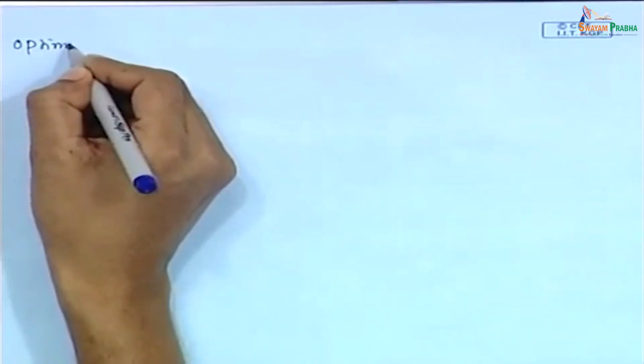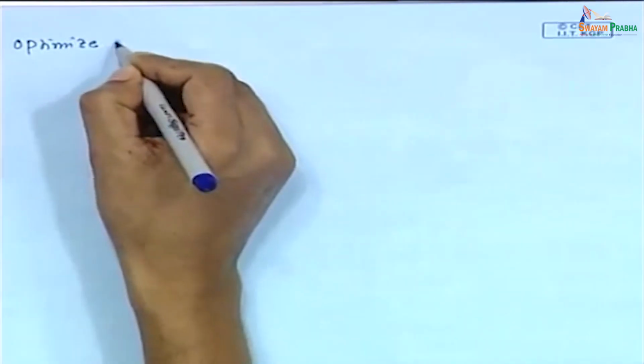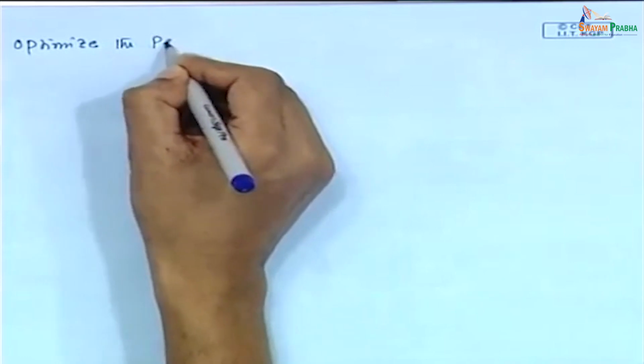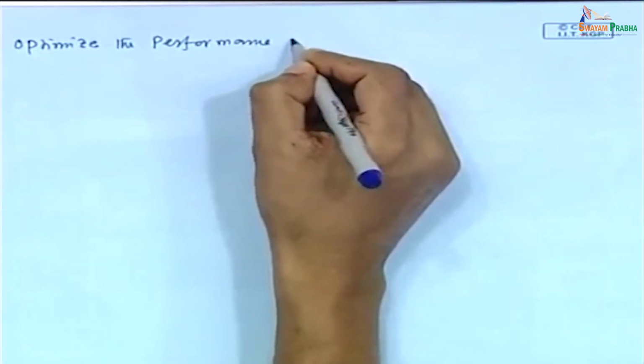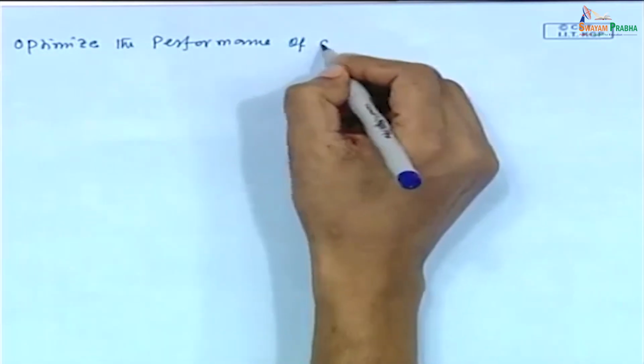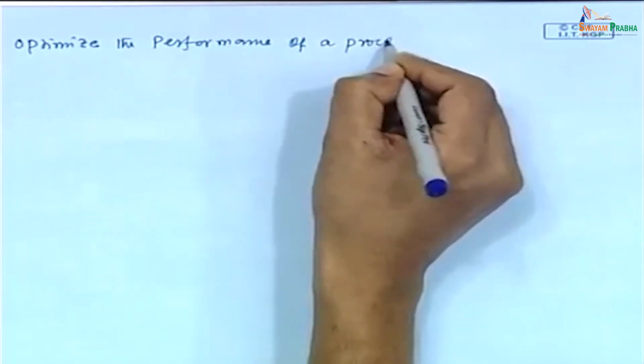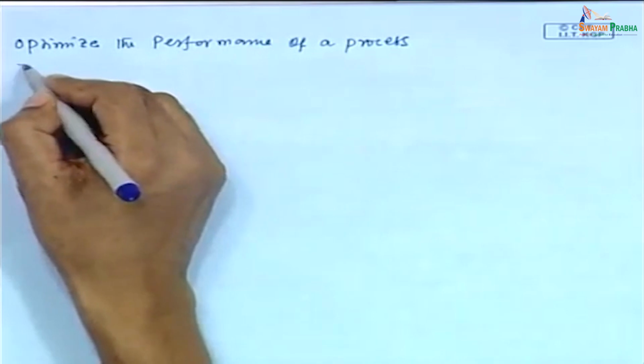Next issue is the performance of a chemical process, or optimizing the performance of a process. This is the third issue.